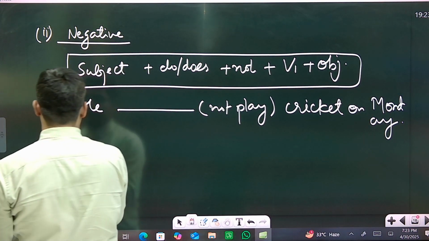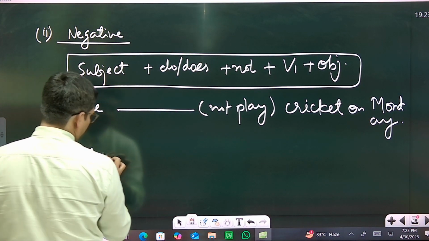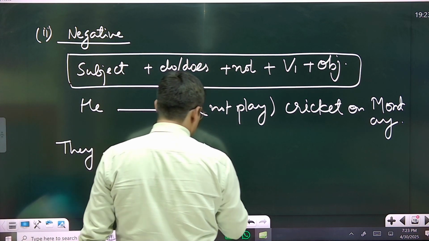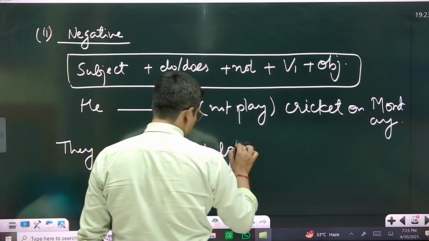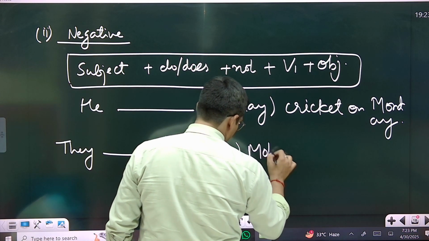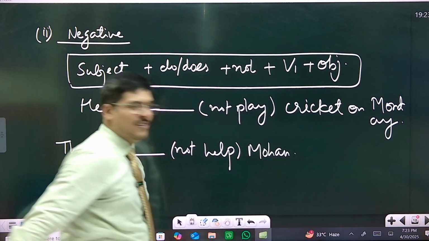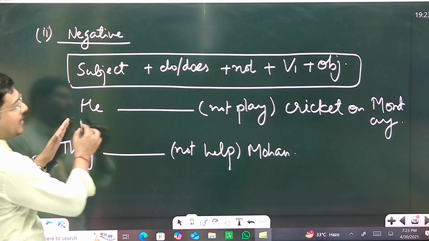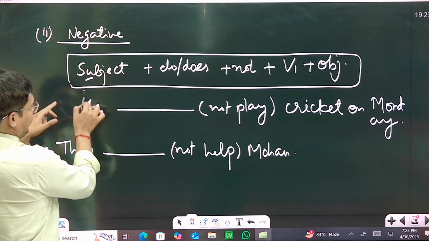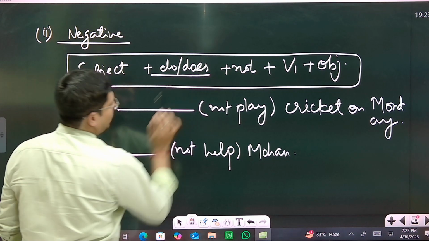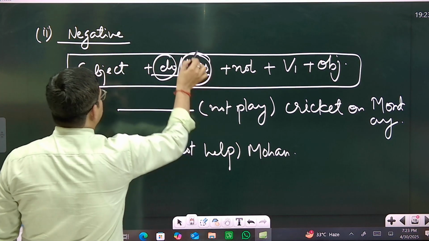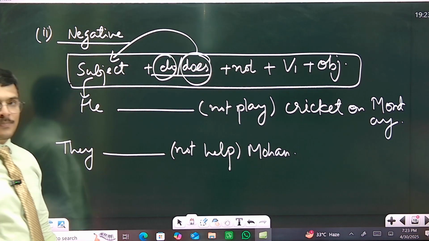They blank not help Mohan. Let's convert them into negative. He not play. Subject is there. Now what we have to supply? Do or does. Whether to use do or to use does depends on subject.